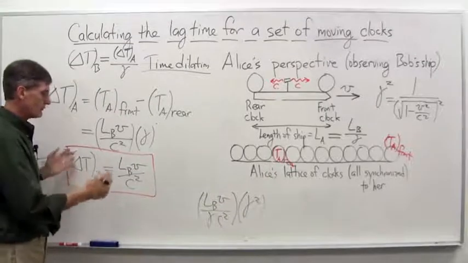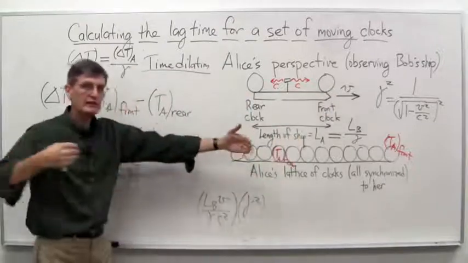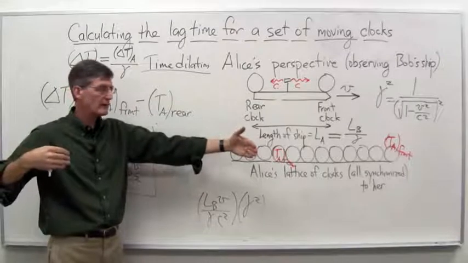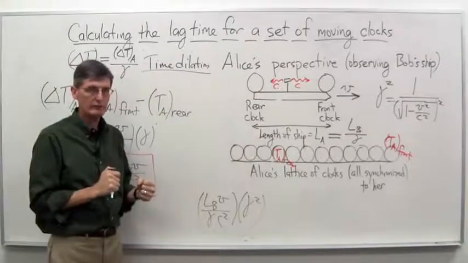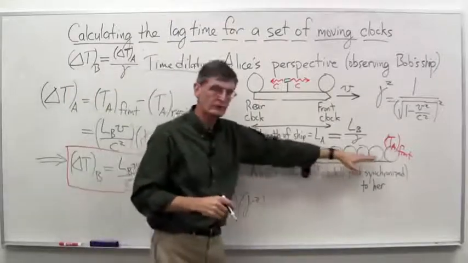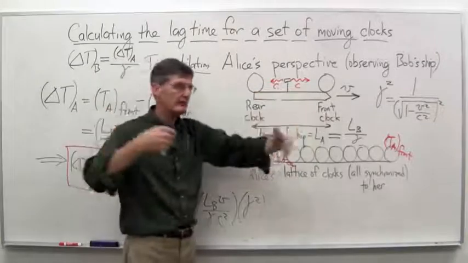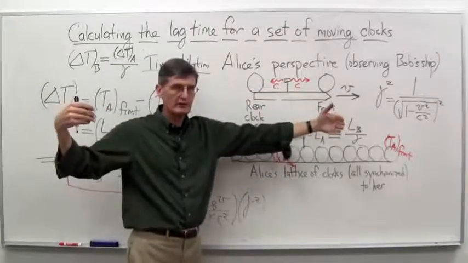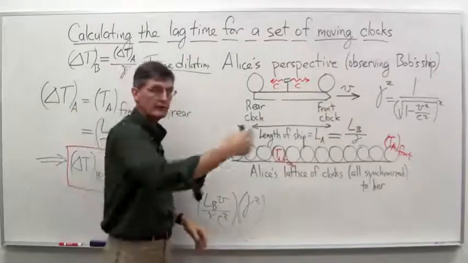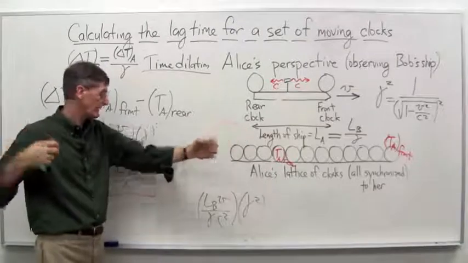So, here we're just using the length of Bob's ship. This is true for any distance where we have something in Bob's frame of reference and we're converting it into Alice's perspective. So if Bob has his whole line of synchronized clocks, his whole lattice of synchronized clocks moving along here, any two clocks on that huge measuring stick of synchronized clocks, when Alice is looking at those clocks as they go by at speed v, she will say, give me any two of those clocks on that line.